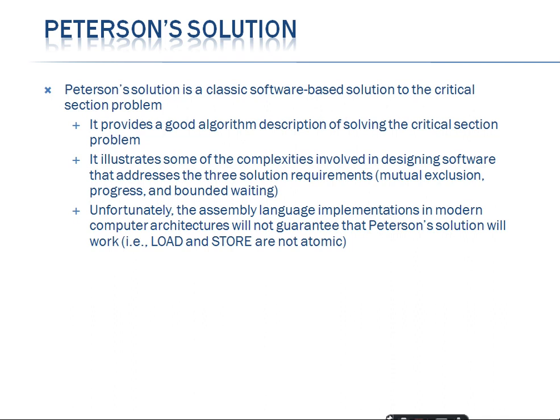It provides a good algorithm description for solving the critical section problem. It also illustrates some of the complexities involved in designing software that addresses the three solution requirements. We have discussed them earlier: mutual exclusion, progress, and bounded waiting.